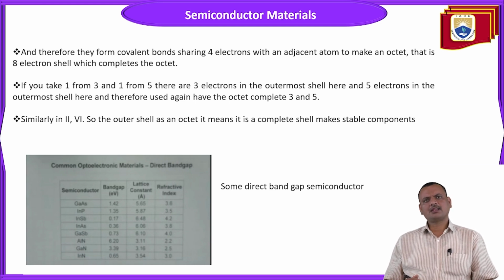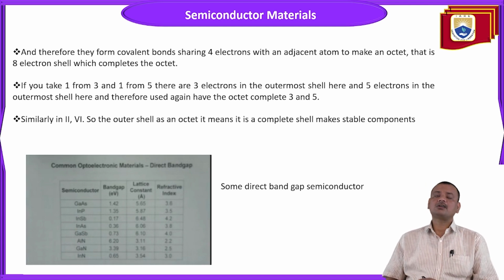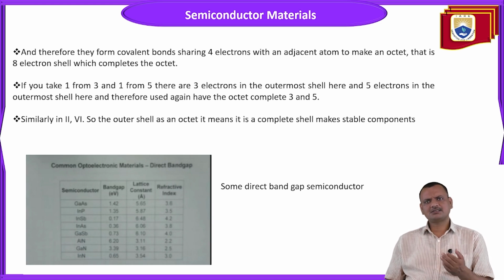And their refractive indices are also very good, so these materials will be useful for semiconductor optoelectronic applications. I will discuss some more things about such materials in my next video lecture.